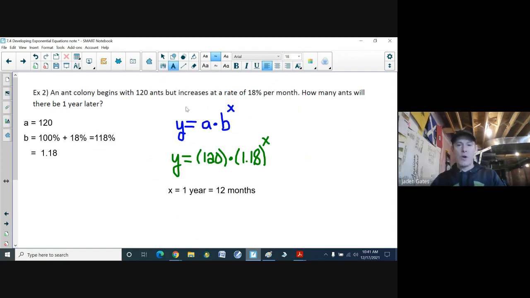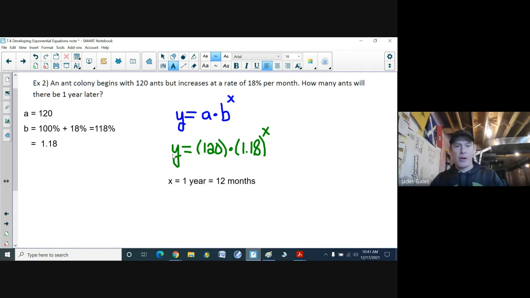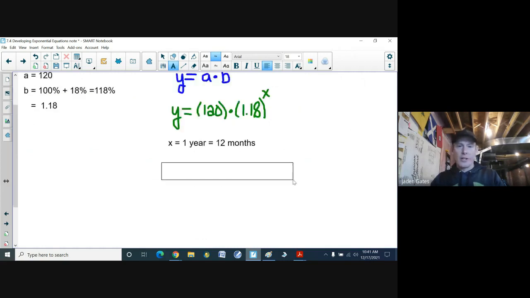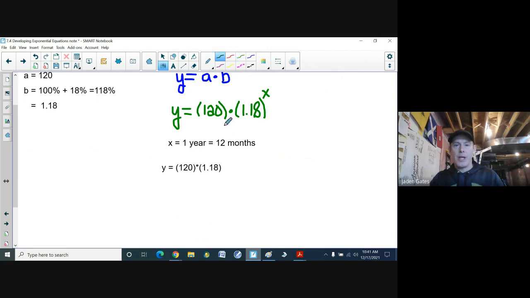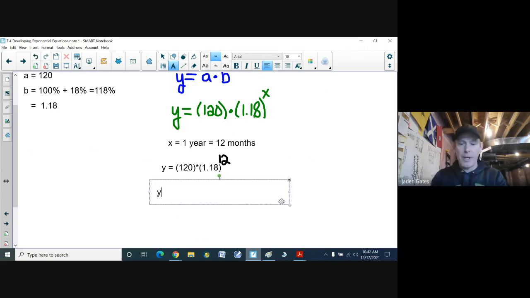Now I'm ready to figure out how many ants there are going to be in a year. So I have y equals my 120 times 1.18, and now our exponent is 12. To figure it out, following Bedmas, I have to do my exponent first.